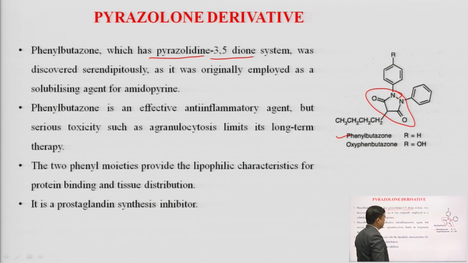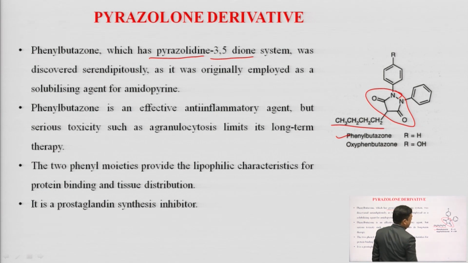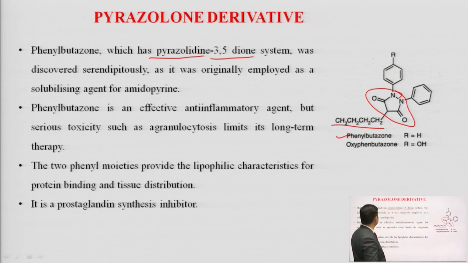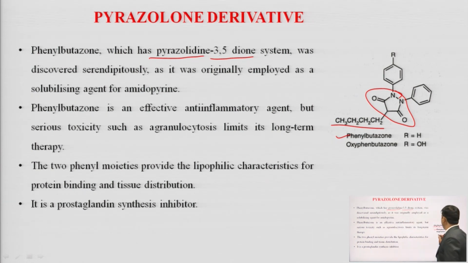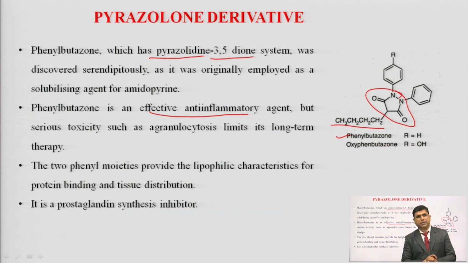At the 4th position there is a butyl group substitution. Phenylbutazone is an effective anti-inflammatory agent, but serious toxicity such as agranulocytosis limits the long term therapy.